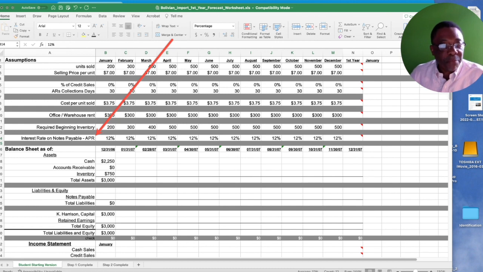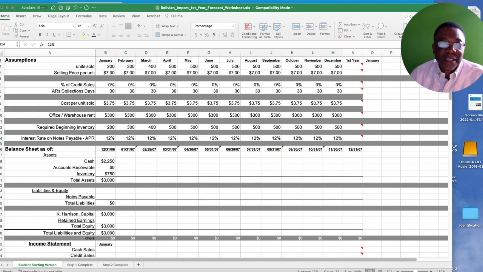Now, we've populated the interest rate on notes payable, and we've set the APR to 12%. Now, I've done this as a matter of convenience. I picked 12% as a matter of convenience. Why is that? Because there are 12 months in a year, and we say our annual percentage rate is 12%, then our percentage rate for each month is going to be 1%. 12% divided by 12 is 1%.